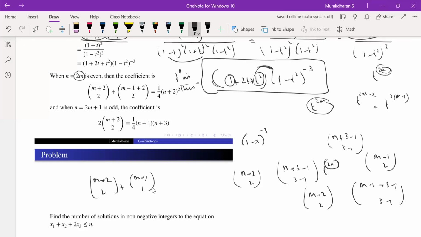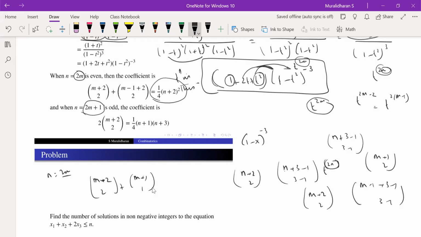So this will be the coefficient when n is equal to 2m. And you can easily simplify this. So that's not very important. When it is 2m plus 1, only one term will remain. That is 2 times that into t power 2m.